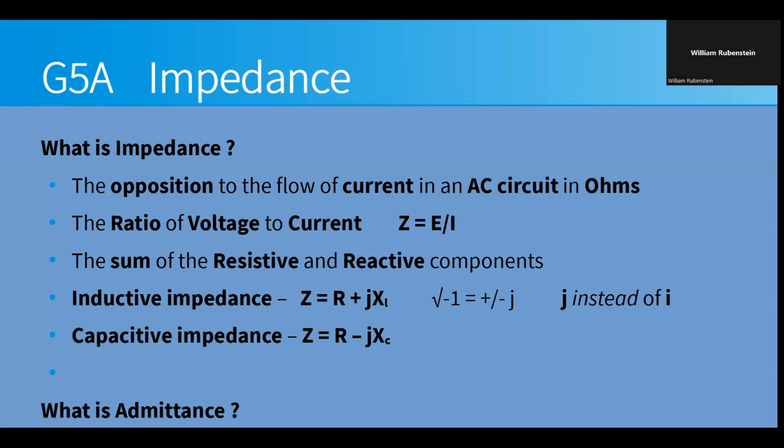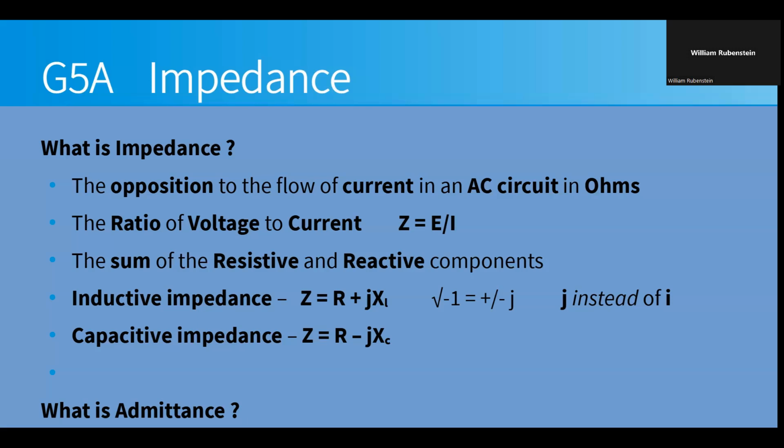Mathematicians use i as the square root of -1. Now, we've already used I for current, so engineers use j instead of i. In an engineering text it's going to have a j, which represents the square root of -1, because of the phase difference the reactance is going to be on the complex plane.